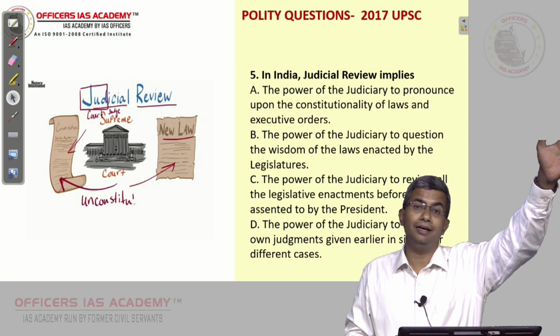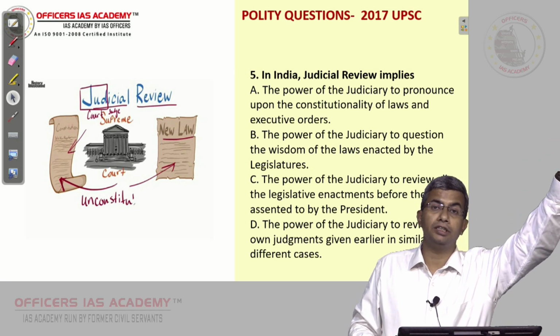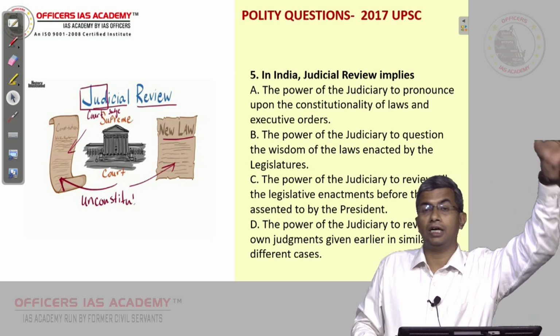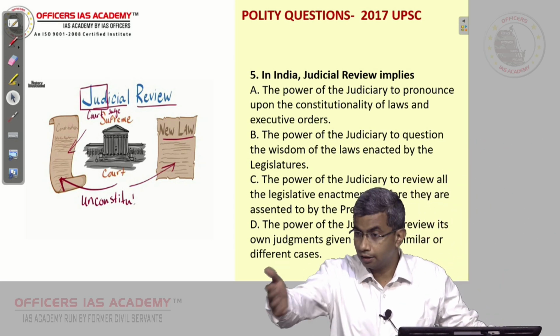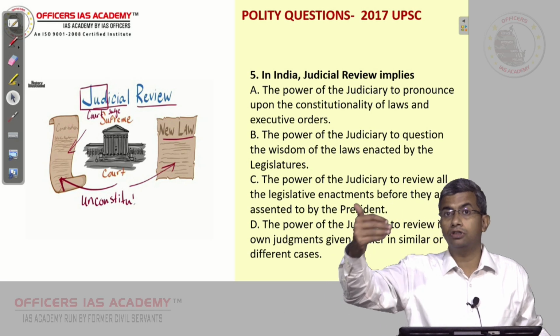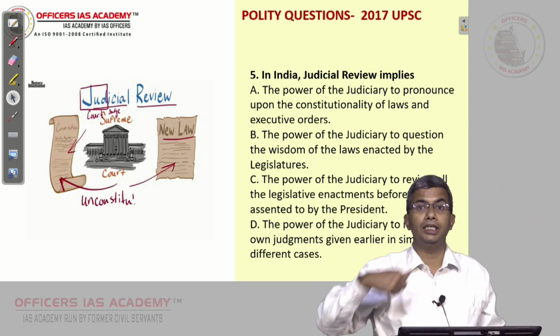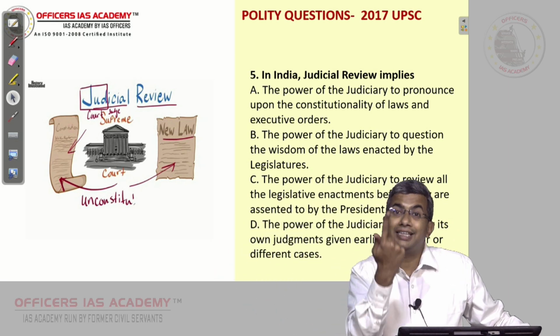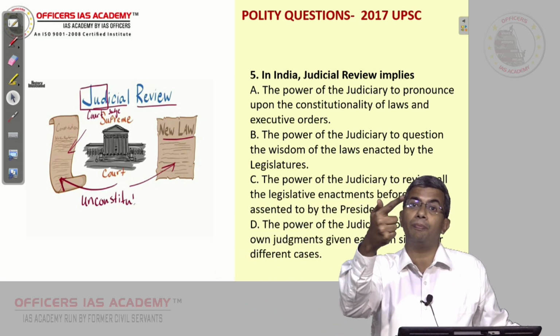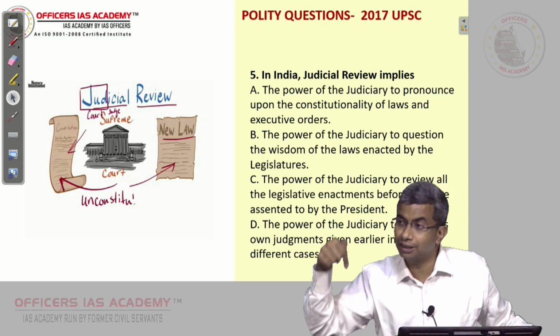In 2010, homosexuality decriminalization, section 377 was allowed as being constitutional, but in 2018 the Supreme Court Constitutional Bench overturned its judgment, reviewed its judgment and made it unconstitutional. So that is the review power of the Supreme Court with respect to its own judgment.